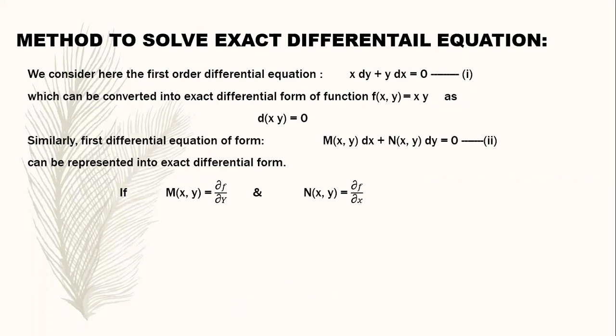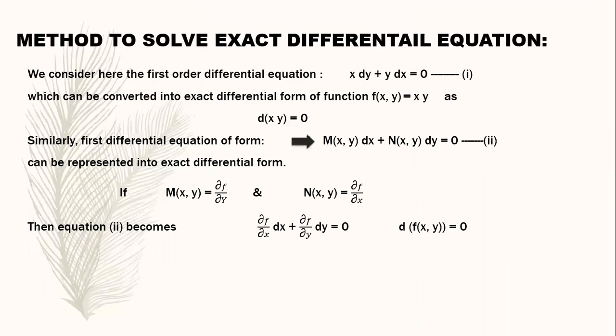Similarly, the first order differential equation of the form M(x,y) dx plus N(x,y) dy equals 0 can be represented in differential form by taking the partial derivatives of f with respect to x and y respectively. Then equation 2 becomes the partial derivative of f with respect to x times dx plus the partial derivative of f with respect to y times dy equals 0.